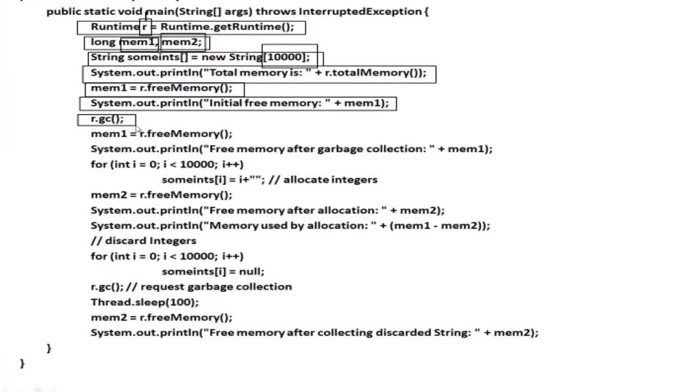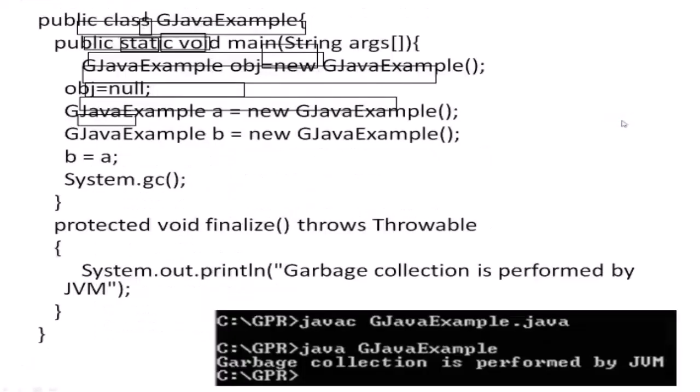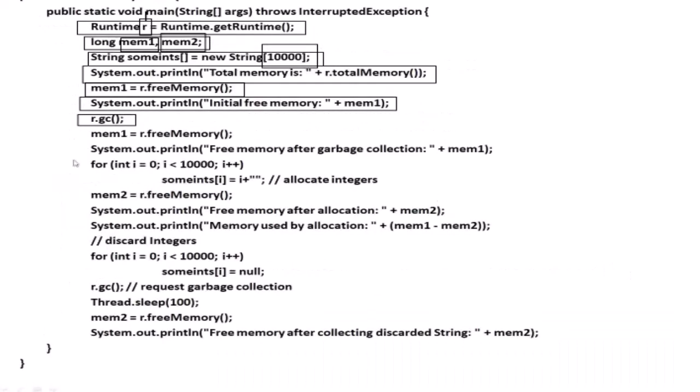Before, we saw System.gc in the previous program. But in this program, instead of that, we have used this particular Runtime object r and r.gc. So now we are going to use this r.gc.